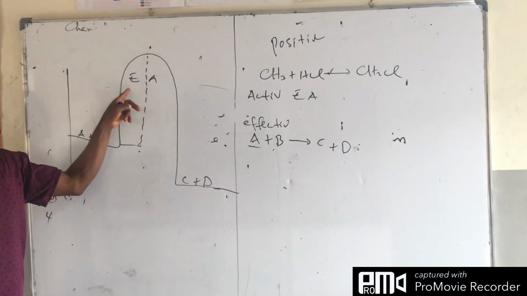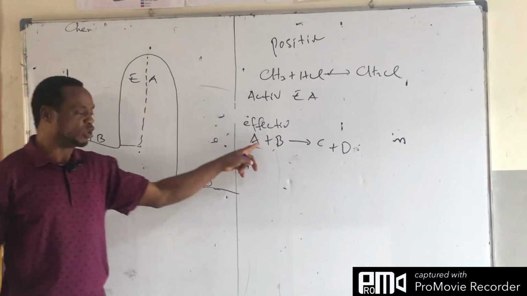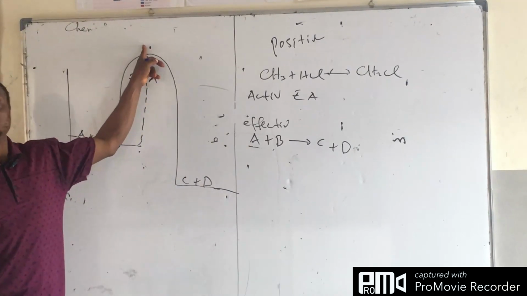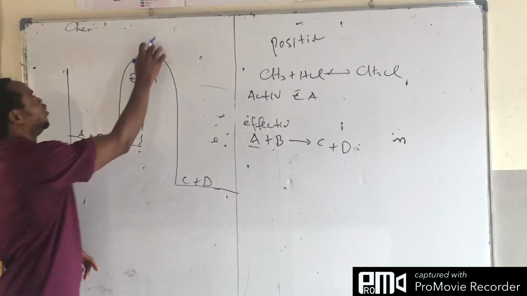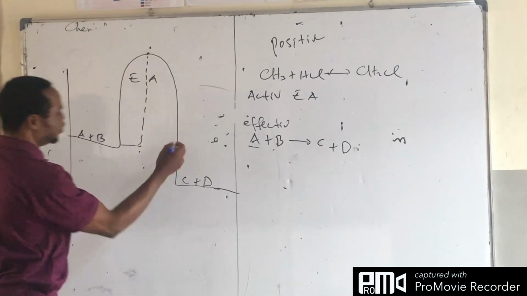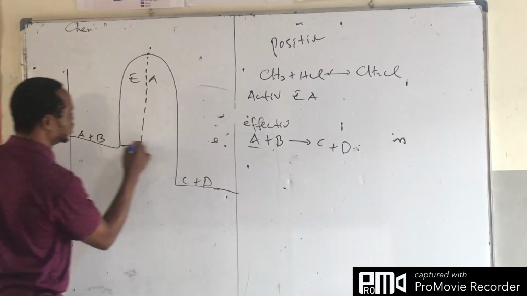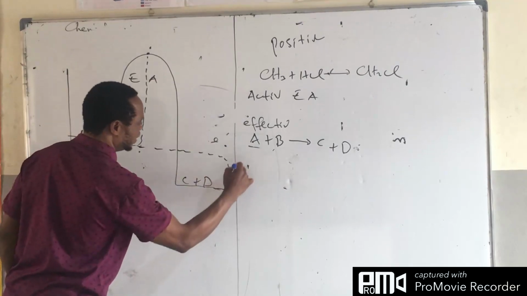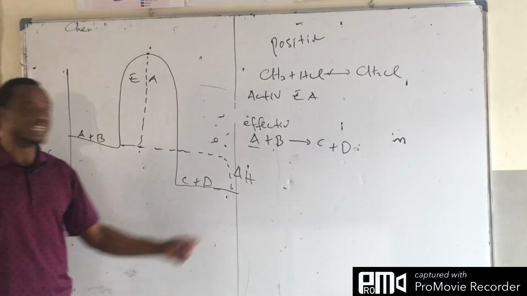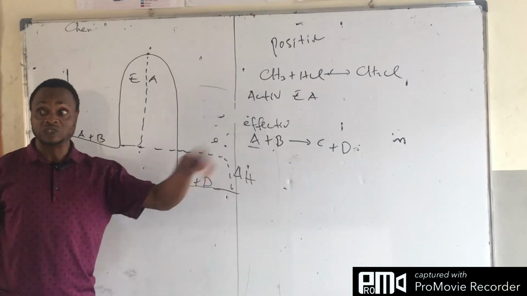This is the energy that these colliding particles must overcome before we can have effective collision. Now, we call here the activated complex. Then from here you have the change in enthalpy, which is the total internal energy of the system, which we shall go into as we go on.